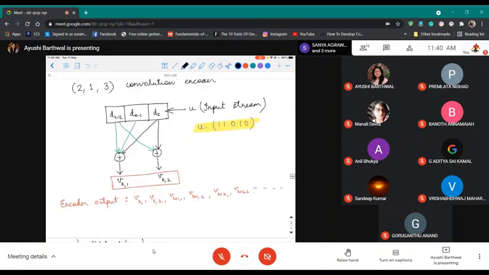Now, this is your first bit, it enters into the shift register. So this first bit will enter over here. So this would become 1. The 0 which was initially over here will be shifted here and here.